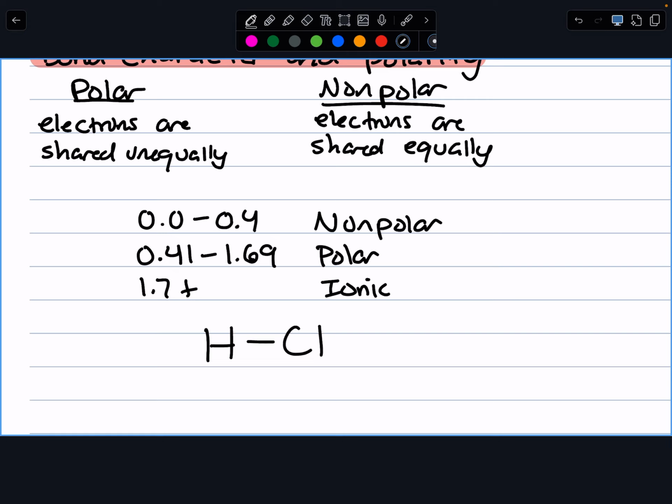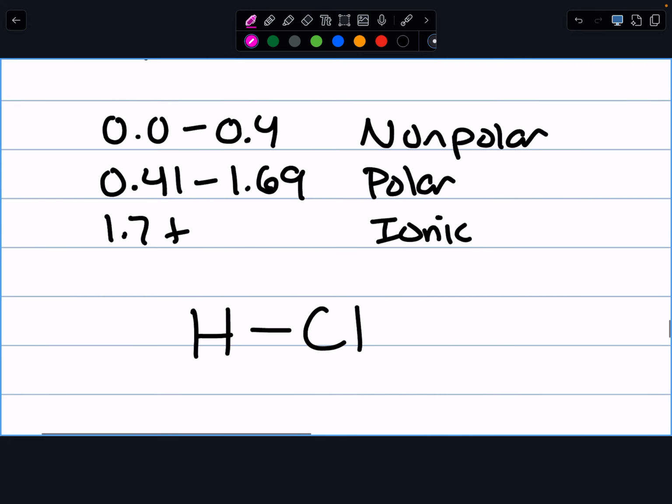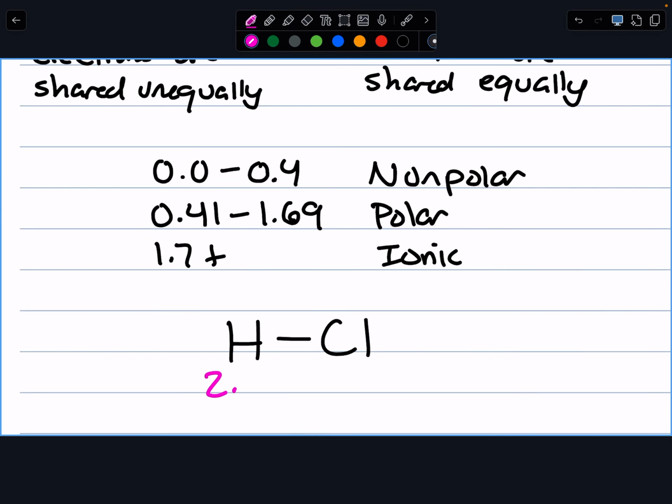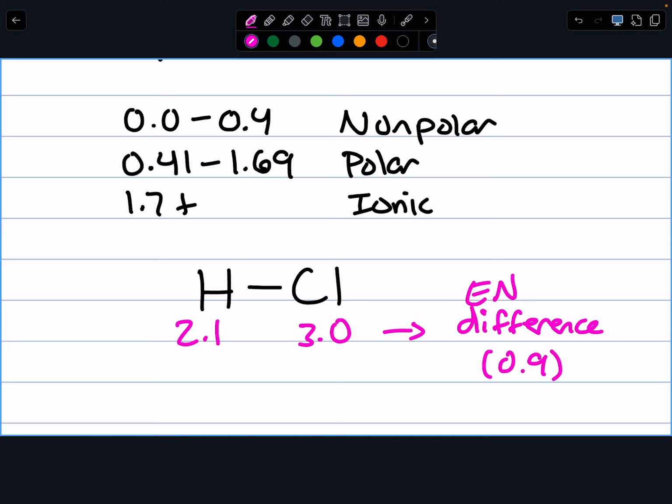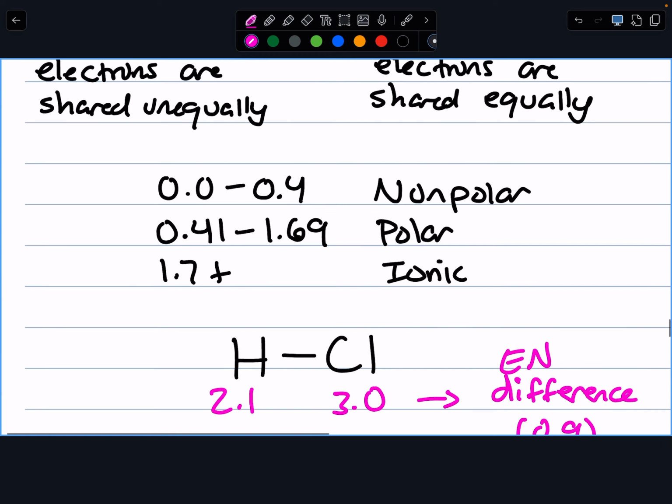I want you guys to tell me if this bond is nonpolar, polar, or ionic. In order for me to do that, I need the electronegativity chart. Hydrogen is 2.1. Chlorine is 3.0. I have to subtract these to get the electronegativity difference. What's 3 minus 2.1? 0.9. Where does 0.9 fall in my scale? Polar. So this is a polar bond.